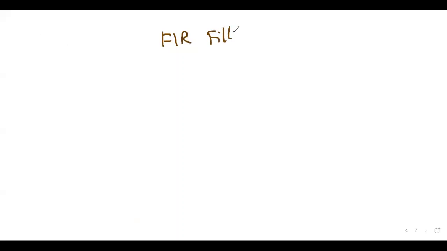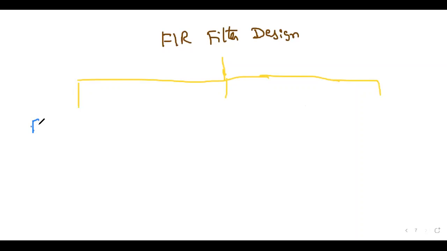Okay. So the next topic is FIR filter design. Now we'll go to the linear phase FIR filter, how to design it. This linear phase FIR filter is designed in 3 ways. So we have 3 methods to design the linear phase FIR filter. The first one is the Fourier series method.